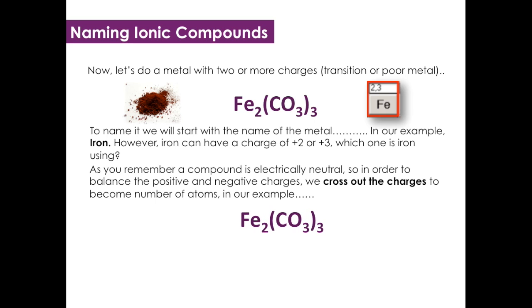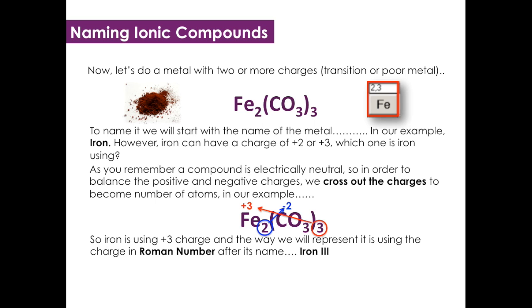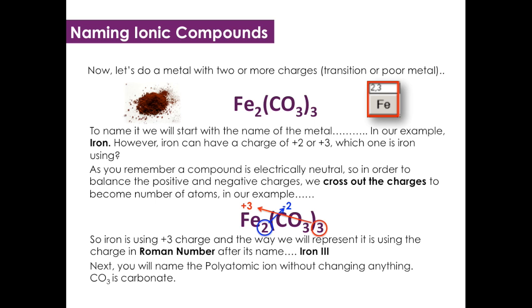In our example, that will give us a +3 charge for iron and a -2 for CO3. So iron is using +3 charge, and the way we will represent it is using a charge in Roman number after its name, iron 3. Next, you will name the polyatomic ion without changing anything. CO3 is carbonate. And the name of this compound will be iron 3 carbonate.